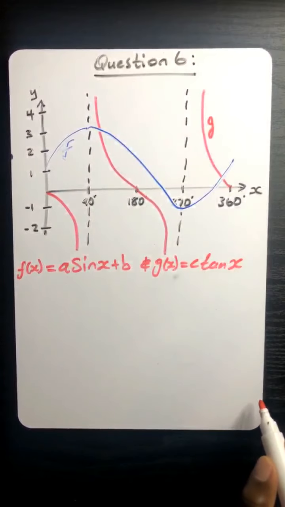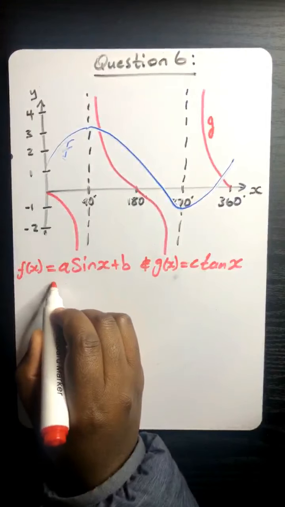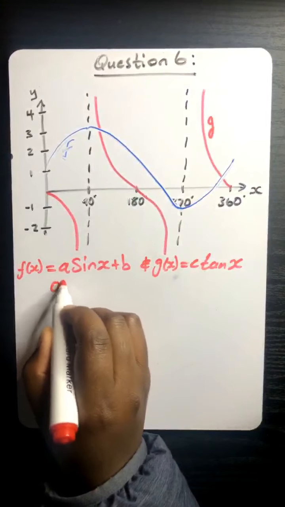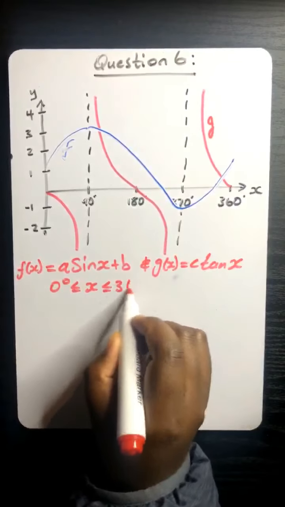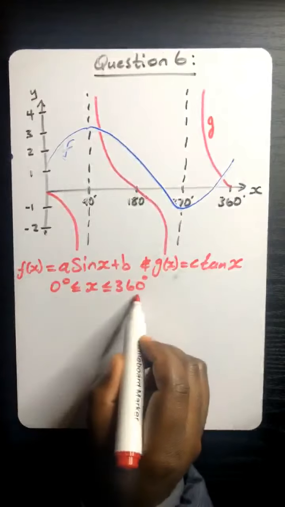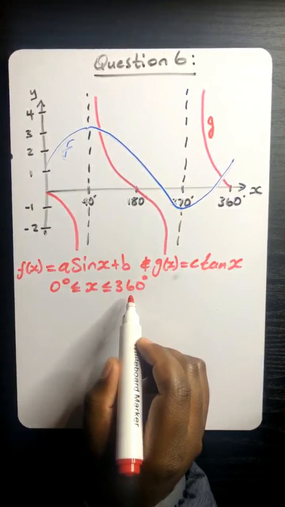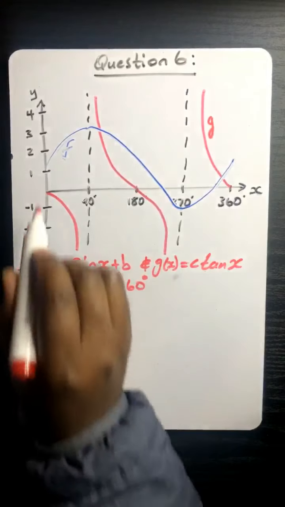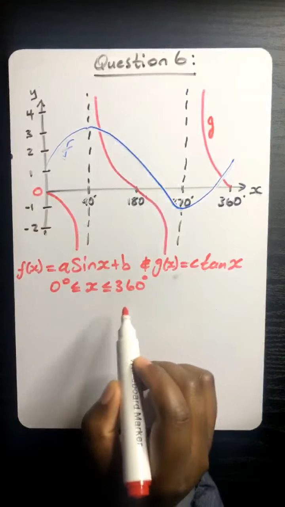And most importantly, guys, they say x is between 0 and 360 degrees. Remember, this simply tells you that your functions start from 0 and end at 360 degrees.